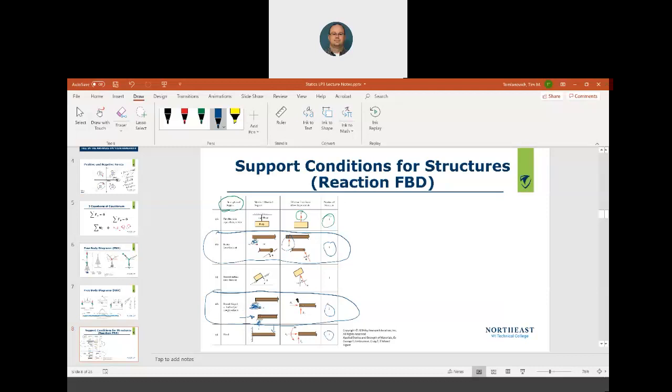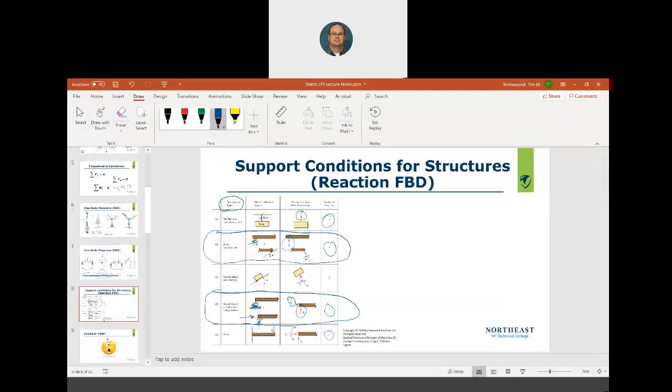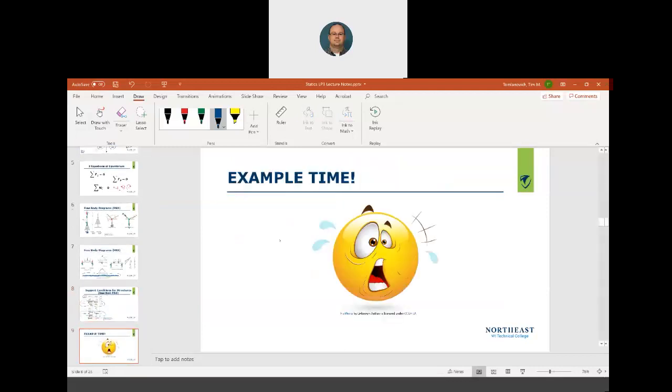It's free to rotate, but it has a horizontal force and a vertical reaction force, okay? So you notice this says R. We want to put R in front of that. That stands for reaction, okay? So you don't get those confused with normal forces sitting on your beam. So that'll make sense when we start, okay? All right, we ready for an example?